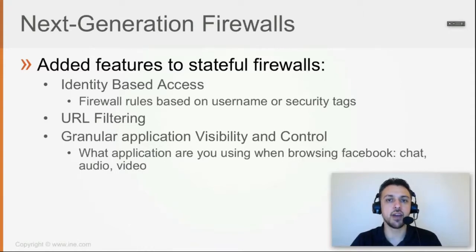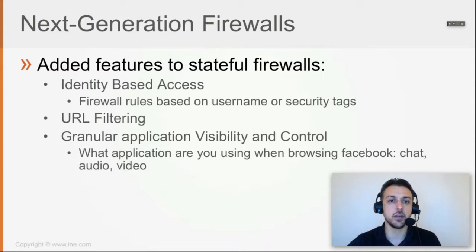So not only do you have application visibility, you can configure firewall policies based on allow Facebook traffic, allow YouTube traffic, and so on. But for applications which have multiple features, like as I was saying with Facebook, where you can chat, upload documents, do an audio call, do a video call, for those kinds of applications, you can even have granular control over which features are allowed.